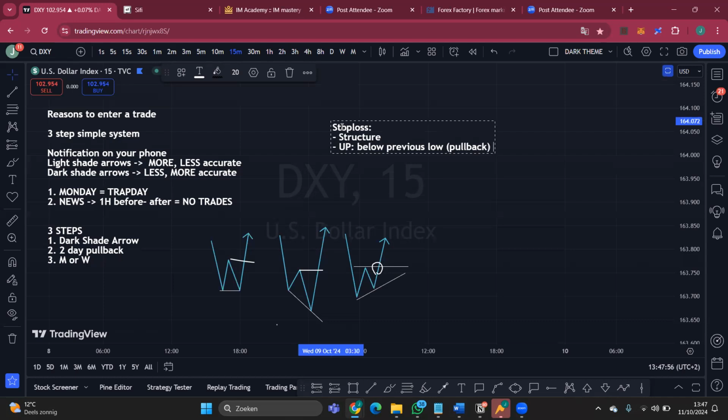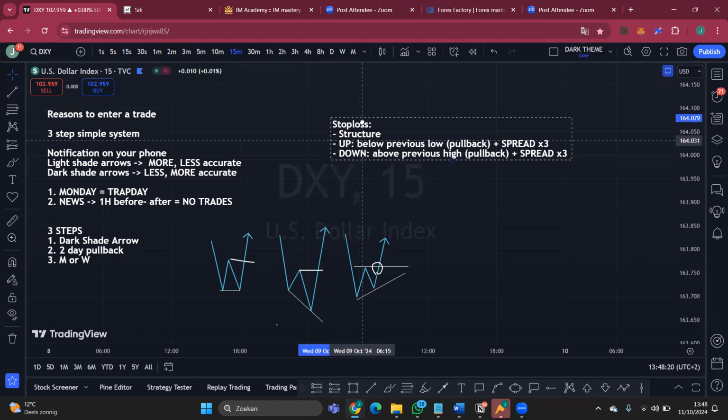And what you're going to do is add your spread times 3. For a downtrend, it's the same story, just the other way around: above the previous high, aka the end of that pullback, and then, of course, add your spread times 3.